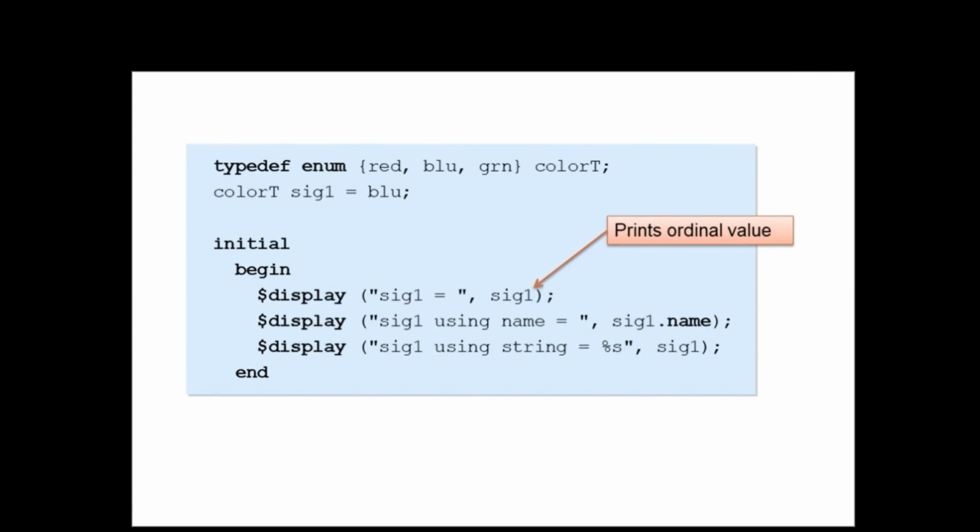print is what's called the ordinal value, because each of these enumerated type values has a number associated with it. So red is 0, blue is 1, and green is 2. So if you just print out sig1 like this, you're going to get the ordinal value.